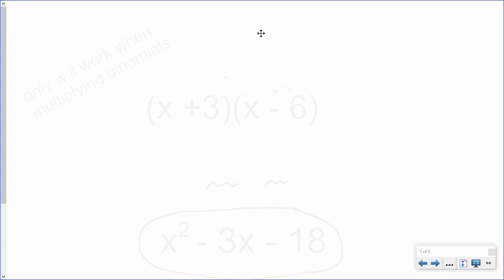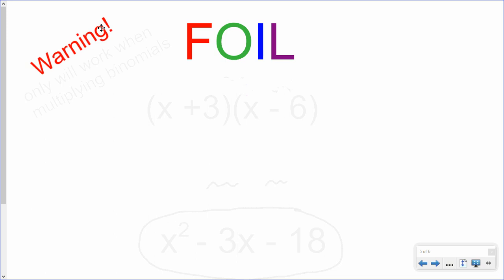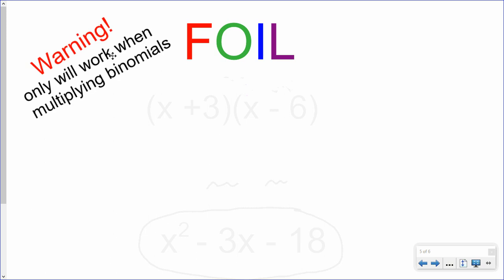Okay, and the last one is FOIL. FOIL is an acronym that allows you to memorize what needs to be multiplied together to do your multiplication. Now, warning though, FOIL can only be done when you're multiplying 2 binomials. It cannot be used with any trinomials or monomials or anything else.